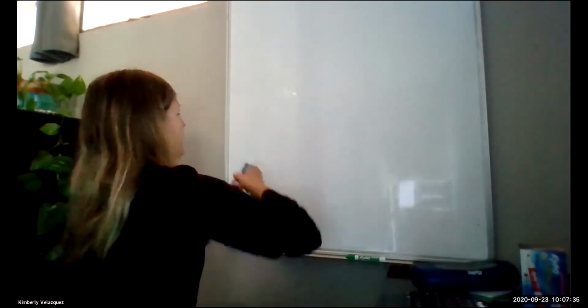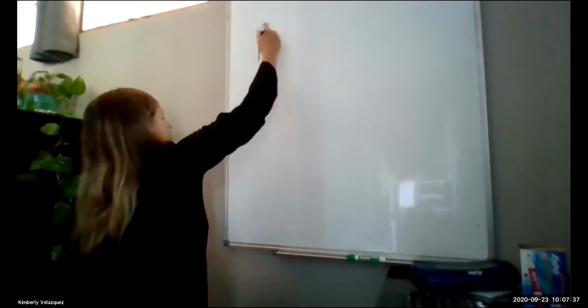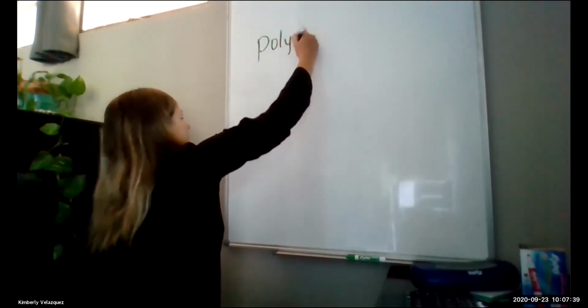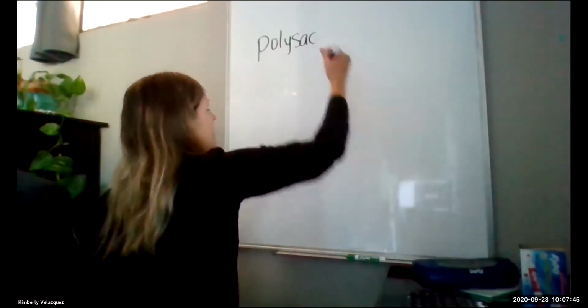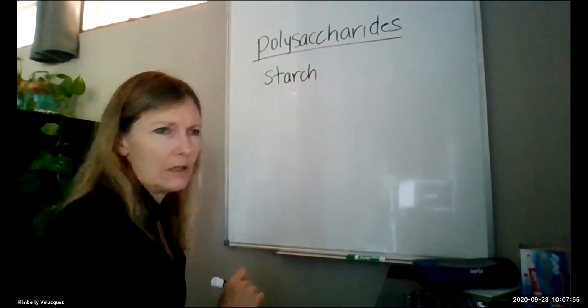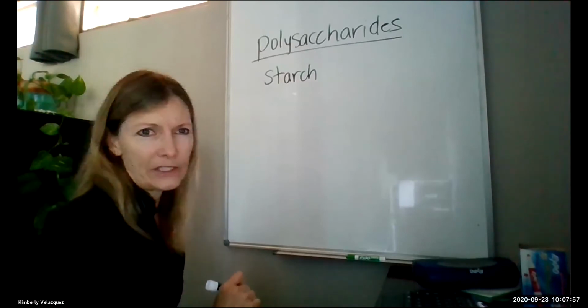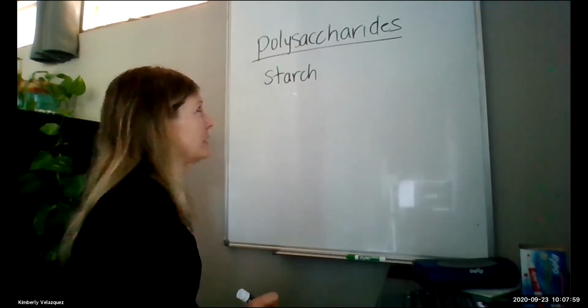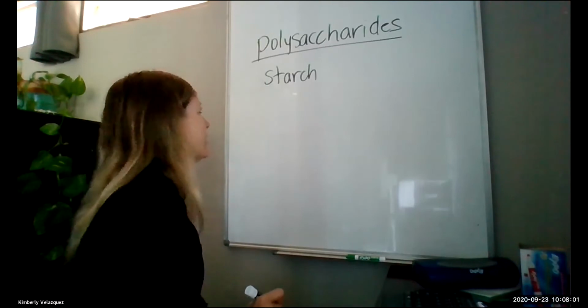So the polymers of carbohydrates are the polysaccharides. And we have a few that are biologically significant. We have starch. And really, these are all a chain of glucose. Every single one of these is a chain of glucose.